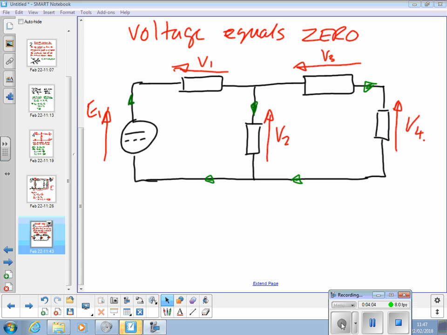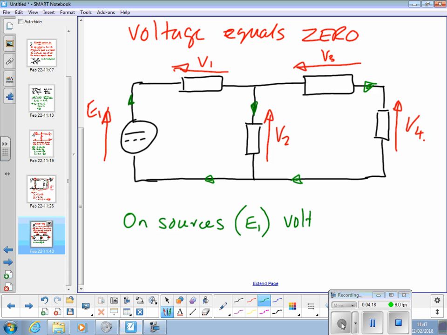Sources, E1, for instance: the voltage arrow is in the direction of current.